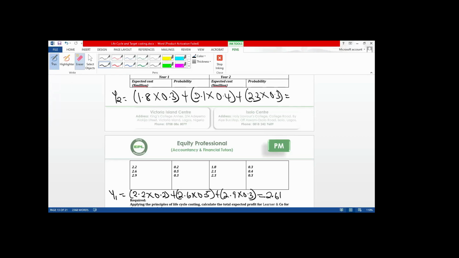Okay. For year 2, what do you have? 2.07 million.